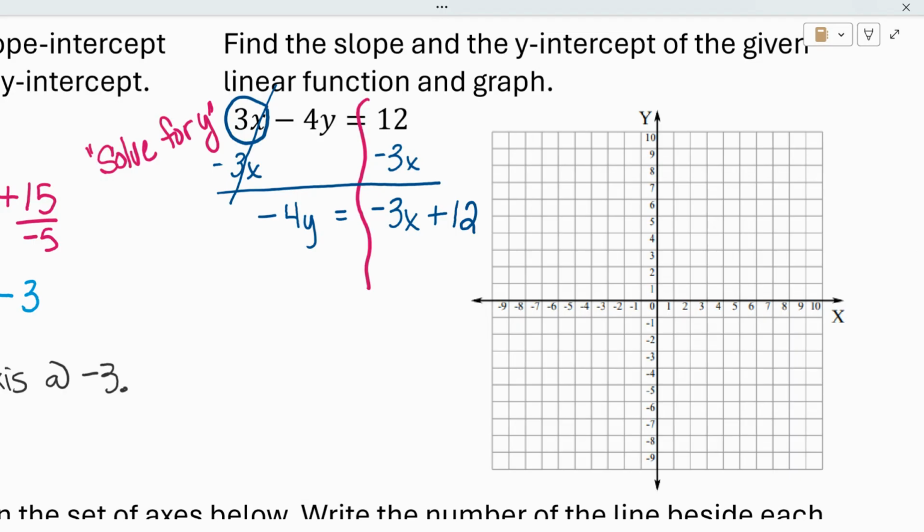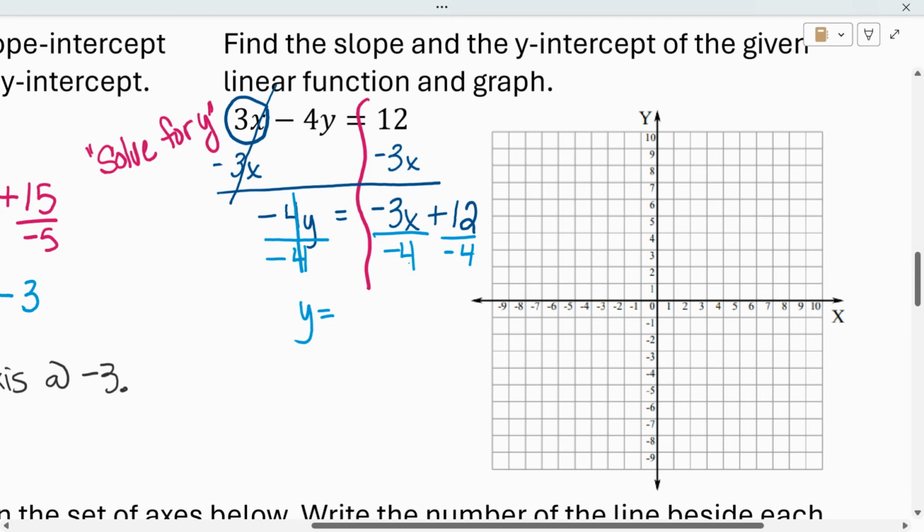All right, next step. It says negative 4y equals negative 3x plus 12. What do you want to do, Owen? I would divide by negative 4. Divide everything by negative 4. Everything. Every single term. So negative 4 divided by negative 4, well, that just leaves me with y.